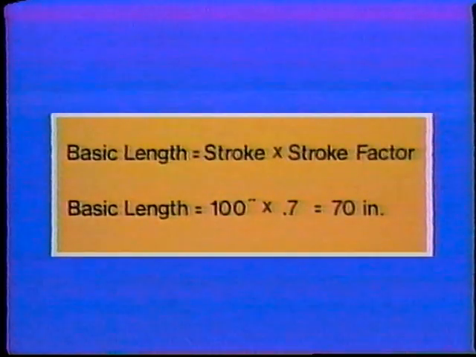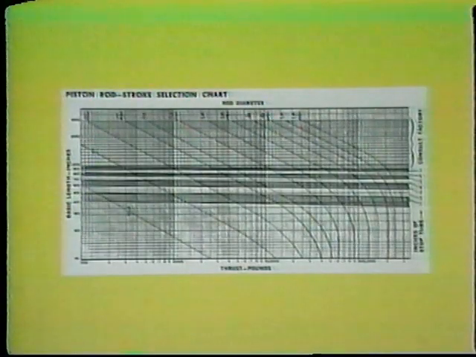If you had this cylinder and load hooked up in a system that had an actual stroke of 100 inches, the basic length would be the stroke factor, 0.7, times the actual stroke, 100, and that works out to be 70 inches. Being able to calculate the basic length of a cylinder enables you to use this chart.